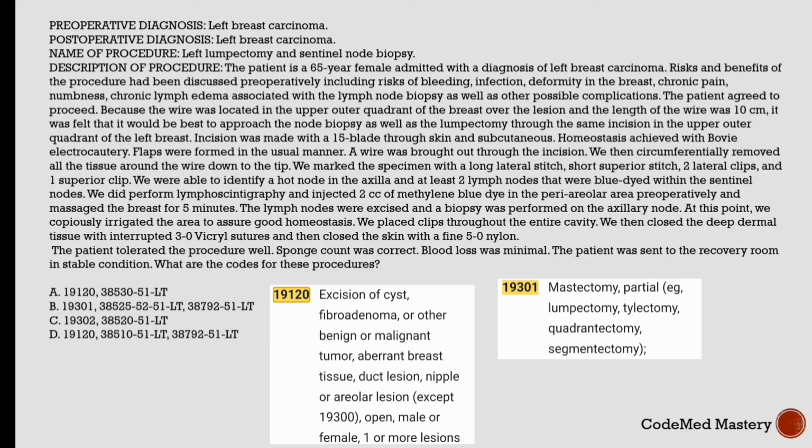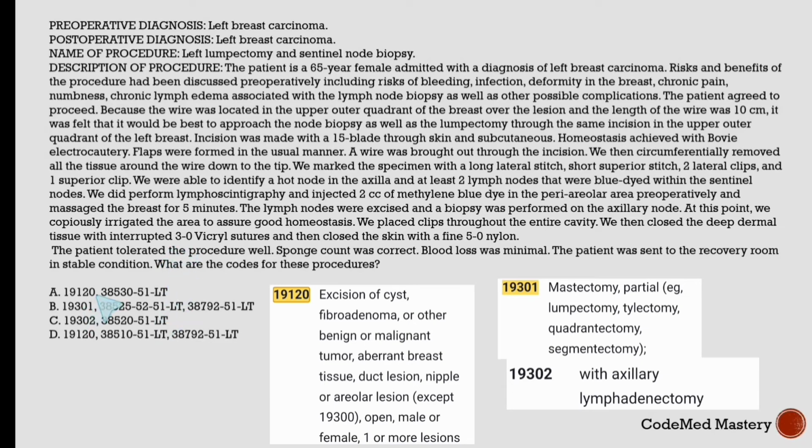19301 is for mastectomy, partial, lumpectomy. You can see in the procedure they have performed lumpectomy, right? So we'll keep this option for now. That is option B, first code 19301. Now check option C, first code 19302. 19302 is for mastectomy, partial, example lumpectomy with axillary lymphadenectomy.